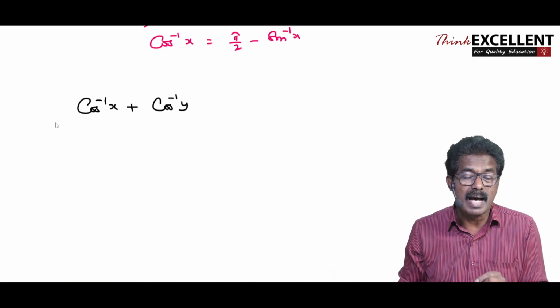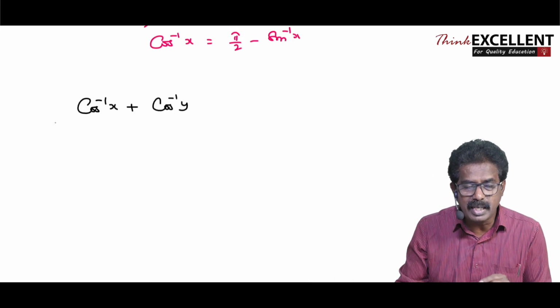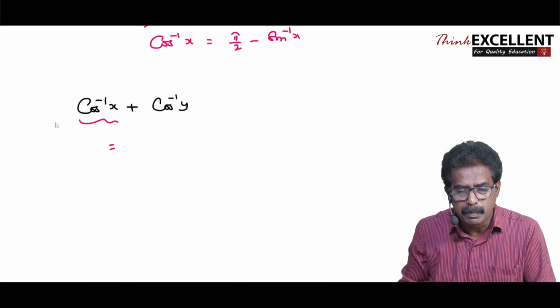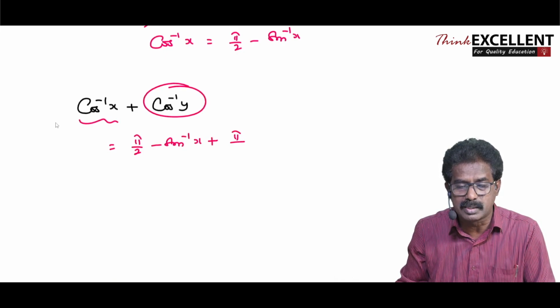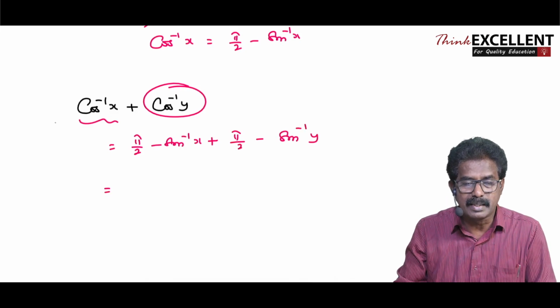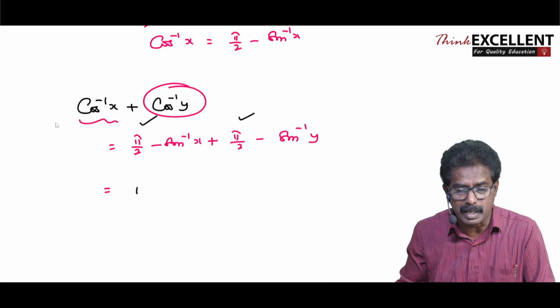We know the value of sine inverse x plus sine inverse y, so change everything in terms of sine inverse. Cos inverse x can be written as pi by 2 minus sine inverse x, plus, same way, cos inverse y can be written as pi by 2 minus sine inverse y. Now simplify like terms: pi by 2 plus pi by 2, that is 2 times pi by 2, which is pi. In the remaining 2 terms, minus is common, so you take it out and get sine inverse x plus sine inverse y.